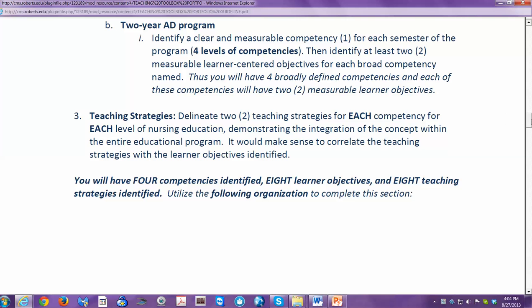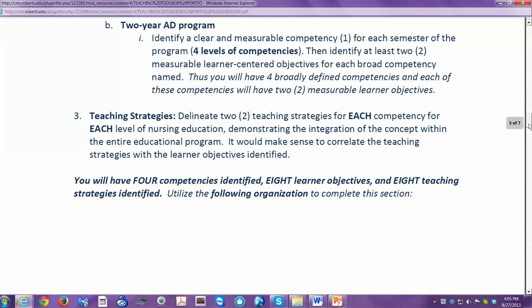So you're going to have 4 competencies identified, 1 for each year or 1 for each semester of the AD program. You're going to have 2 learner objectives for each competency. So there's 4 competencies with 2 learner objectives. That's 8 total learner objectives. And obviously then you would have 8 teaching strategies identified for each learner objective.